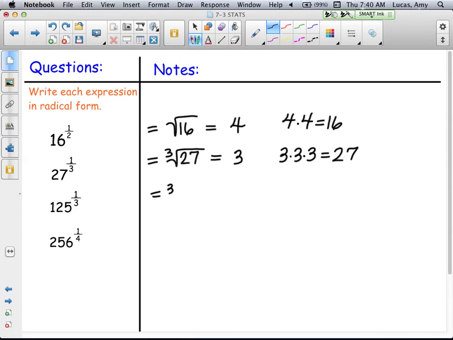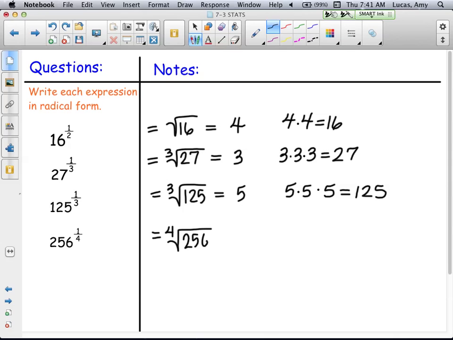Another cube root, the cube root of 125, some of you are probably familiar with, is 5. 5 times 5 is 25, times another 5 is 125. And then the fourth root of 256, we just saw that one.